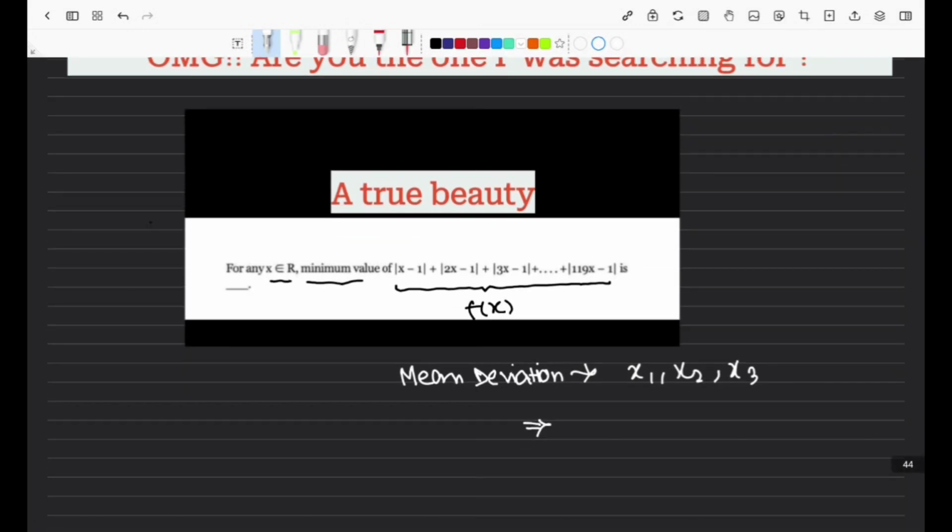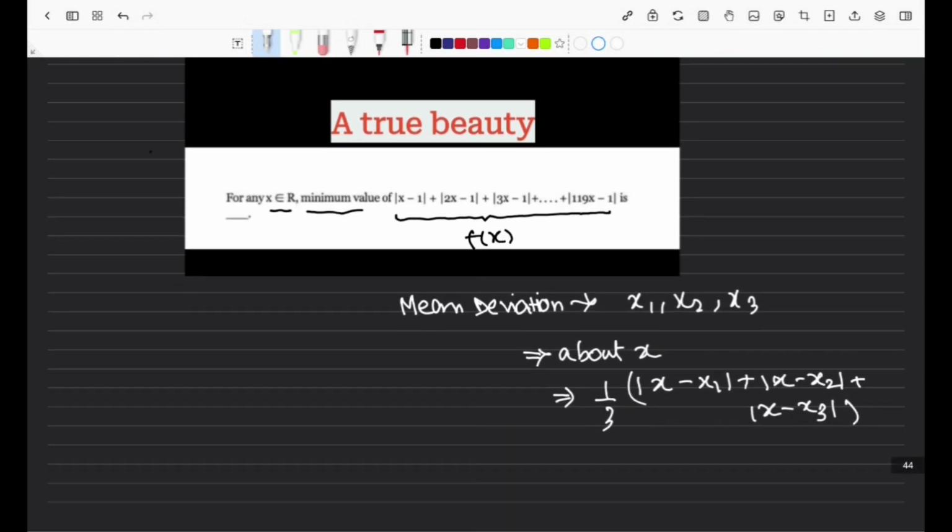Then the mean deviation about x is basically |x minus x1| plus |x minus x2| plus |x minus x3|, and this is whole divided by 3. So we are just multiplying by 1 by 3 so that it is getting divided by 3. This is called the mean deviation.